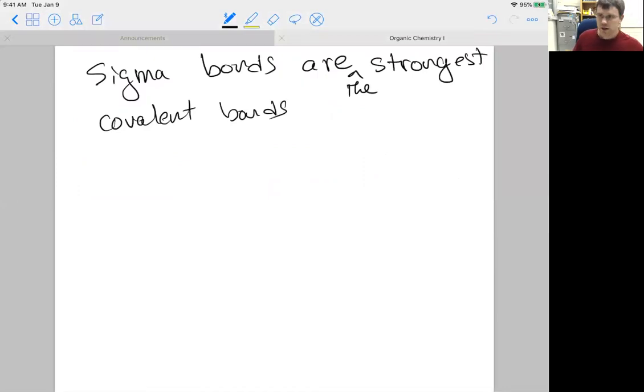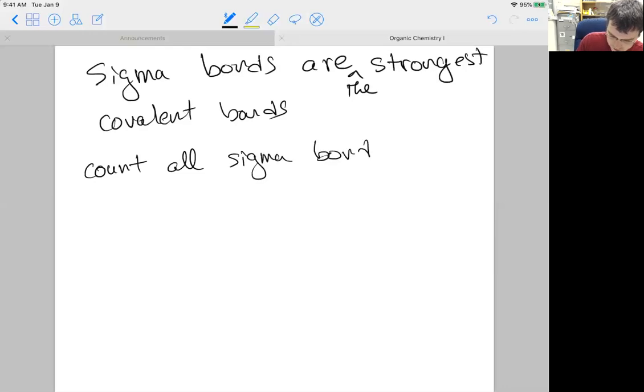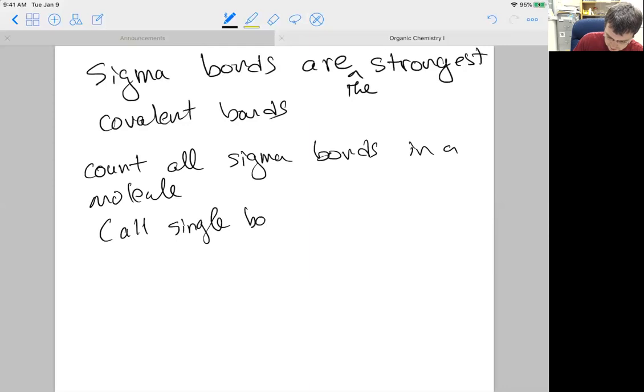A really good thing to be able to do is count all sigma bonds in a molecule. So I'm recommending that that's what we do. I want to be able to give you molecules and have you count the number of sigma bonds that are present. So let's just start with this. All single bonds are sigma bonds.